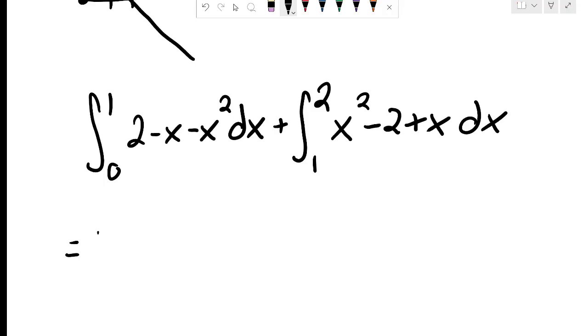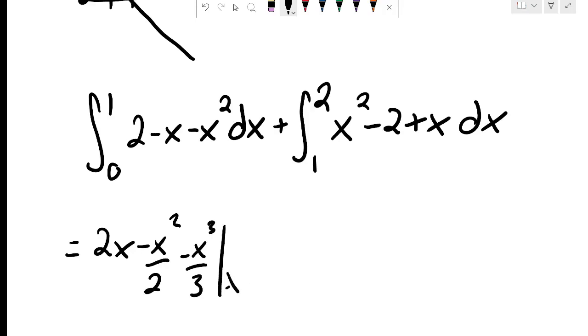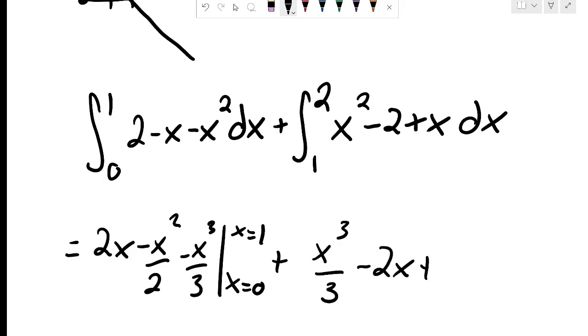So we'll go ahead and do this. This is 2x minus x squared over 2 minus x cubed over 3 from x equals 0 to 1. And then this one is x cubed over 3 minus 2x plus x squared over 2 from x equals 1 to x equals 2.